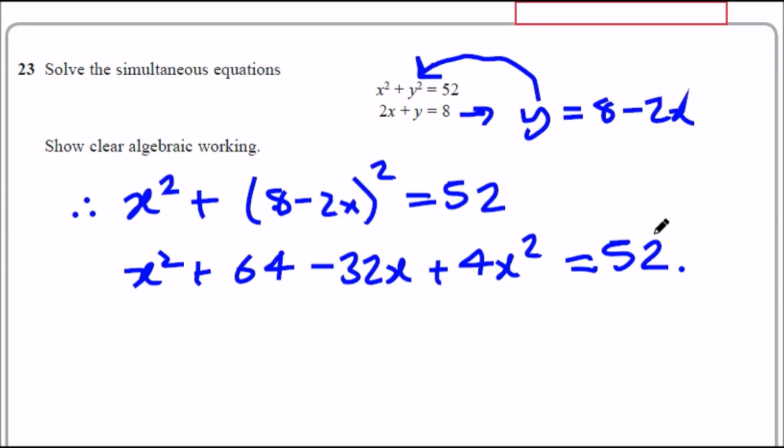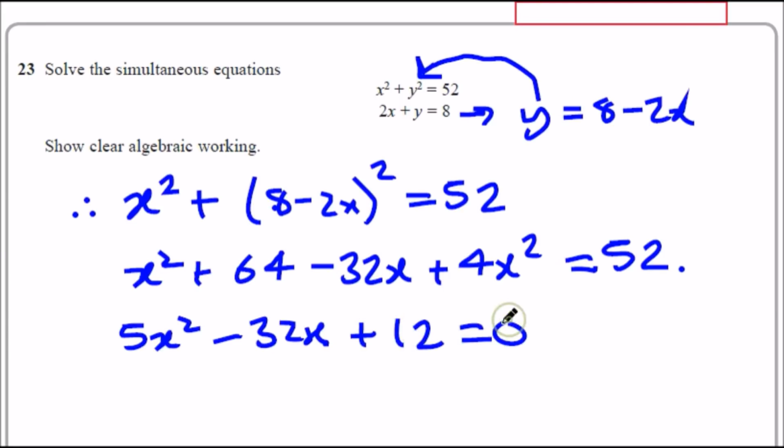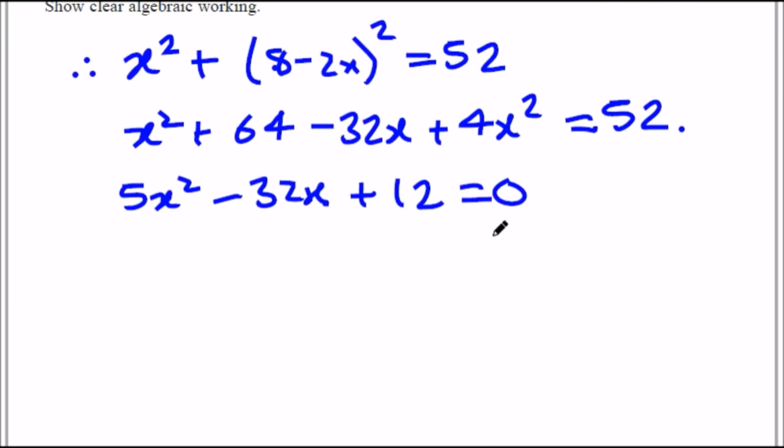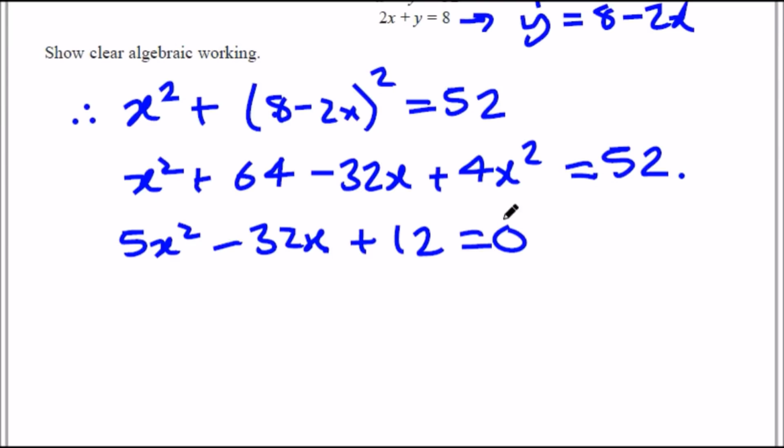Now, I want you to rewrite this equation and set it equal to 0. So subtracting 52 across and tidying up, x squared and 4x squared give us 5x squared minus 32x. 64 take away 52 is plus 12, and this should equal 0. Not bad.